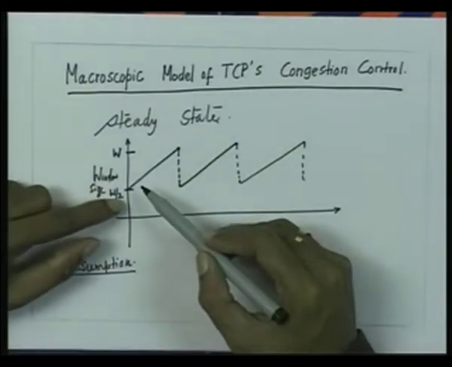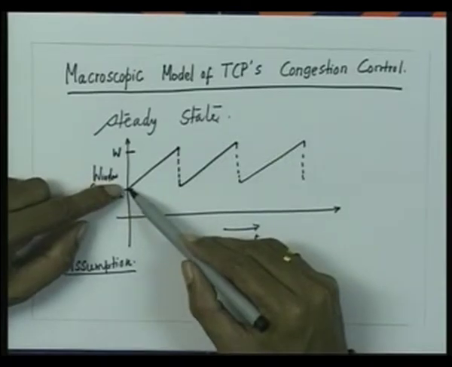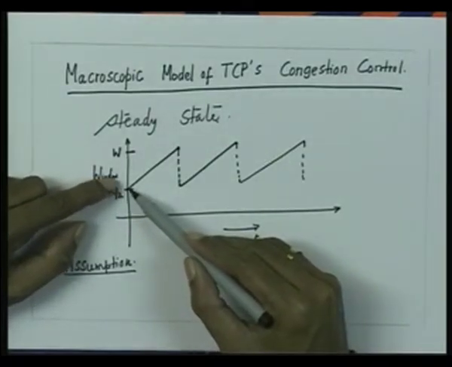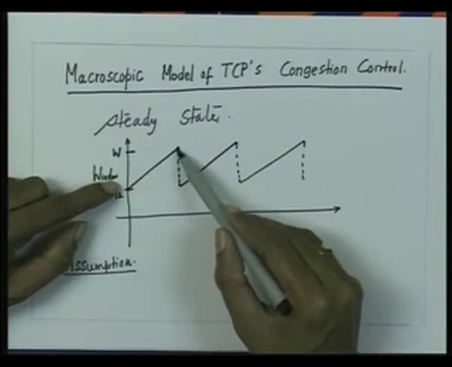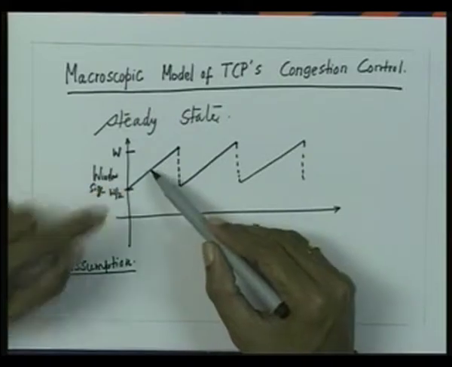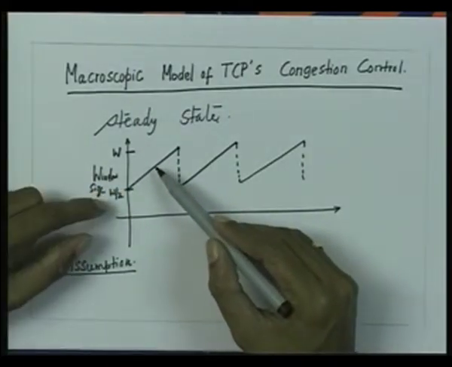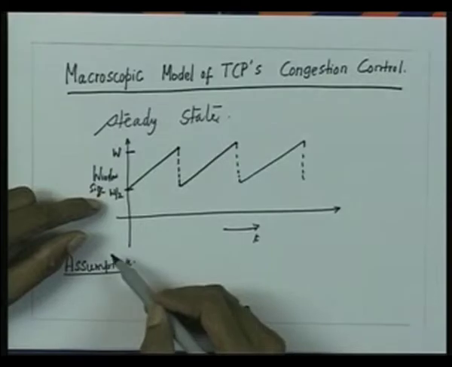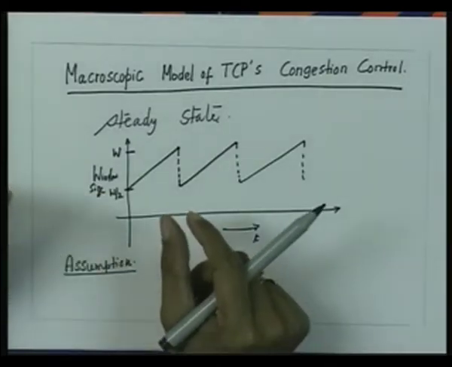Now, one thing that needs to be noted here is that the window increases from W by 2 to W, so this much window increase has occurred. The window opens by 1 packet during every RTT.